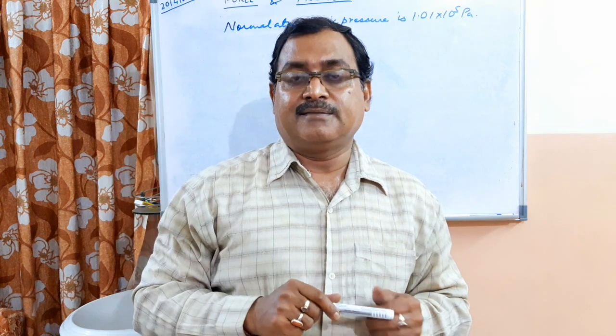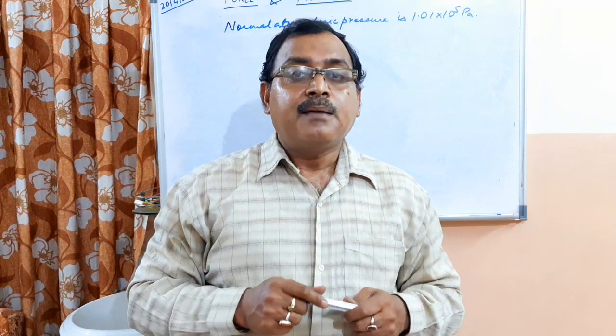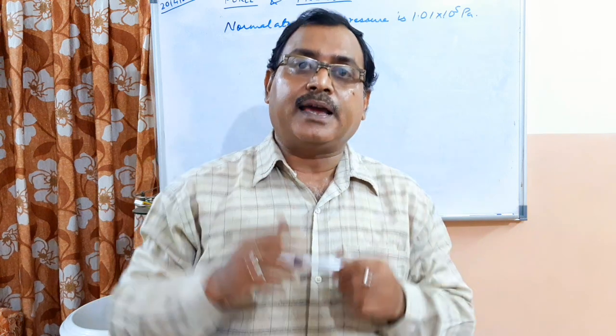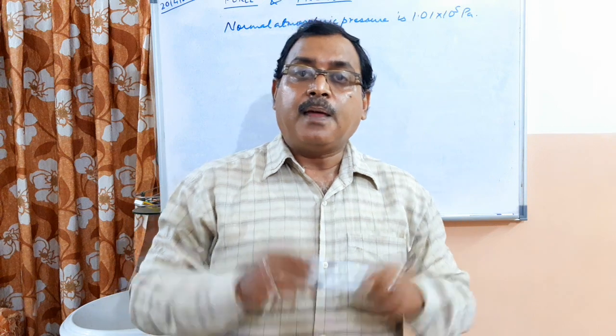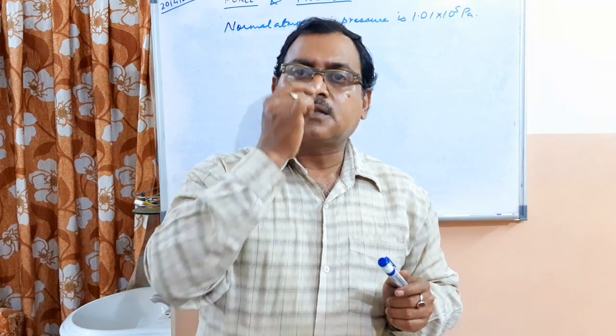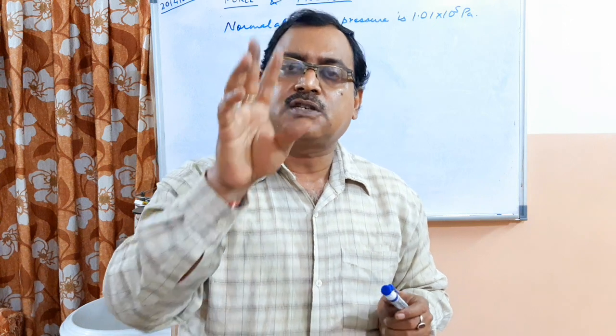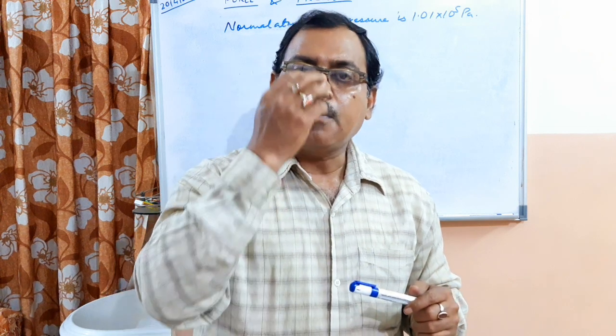As a result, you may suffer from a bleeding nose. Why? Because the blood pressure becomes so high and atmospheric pressure so low that fine branches of arteries inside the nose may burst due to the excess blood pressure, and you will suffer from a bleeding nose.